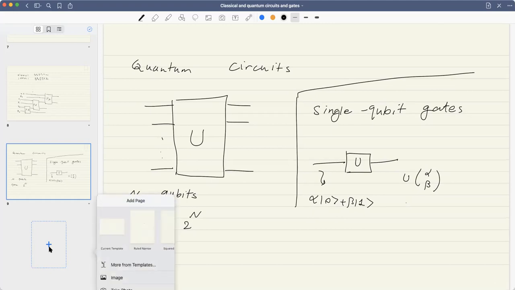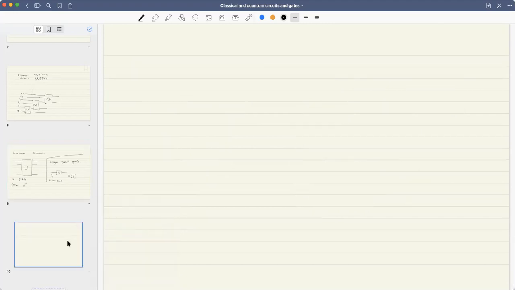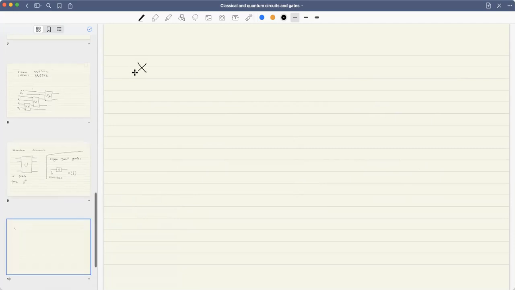There are a bunch of important and widely used single qubit operations. One of them is, for example, the X operator, which has the matrix 0 1, 1 0. So what does it do? I can see easily what it does to basis states.